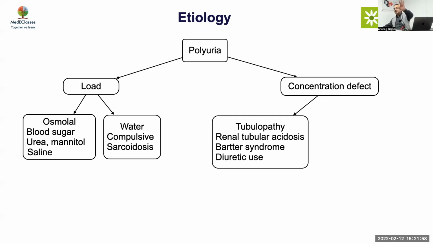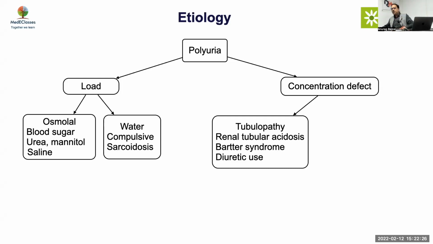One, you have hypercalciuria, so you will lose water along with that. You have hypokalemia, that will cause the impaired concentration. So it's not tubulopathy per se which is causing that much polyuria. It is because of secondary mechanisms. Similarly, Bartter syndrome is probably the only significant tubulopathy which will really cause a lot of polyuria, because again, hypokalemia will happen and persist.